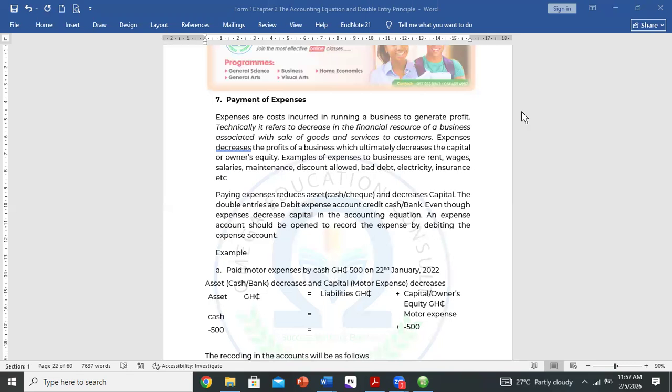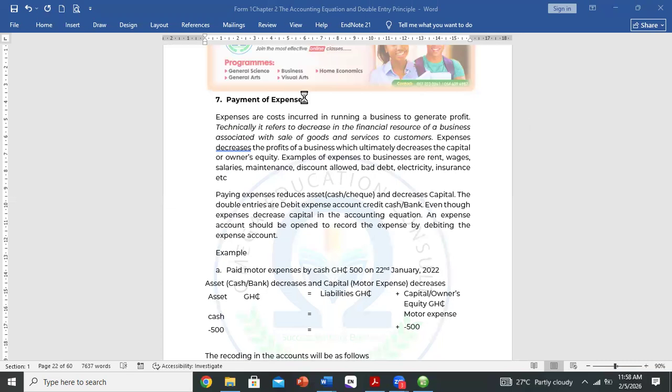Examples of expenses to businesses are rent, wages, salaries, maintenance, discount allowed, bad debt, electricity, insurance, etc. Paying expenses reduces assets, cash or check, and decreases capital. The double entries are debit expense account, credit cash or bank. Even though expenses decrease capital in the accounting equation, an expense account should be opened to record the expense by debiting the expense account.